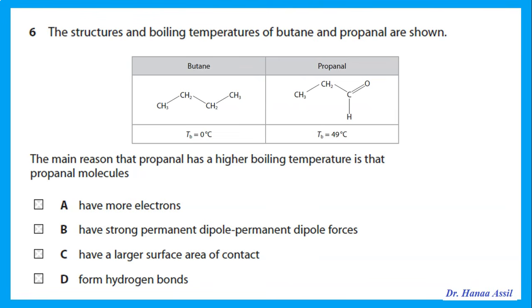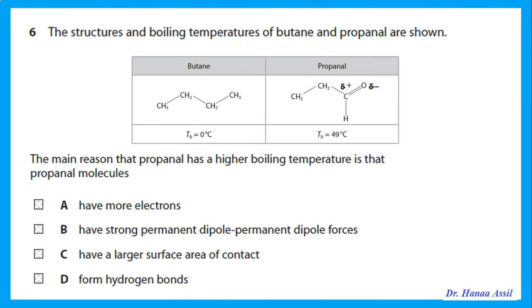So, the next question says, the structures and boiling temperatures of butane and propanol are shown. The main reason that propanol has higher boiling temperature is that propanol molecules have what? Again, if we look at the difference between butane and propanol, butane has 4 carbons, but propanol has only 3, but the interactions between butane molecules would just be London dispersion forces, which are weak, but propanol has what?